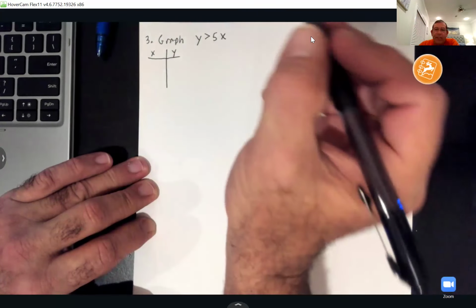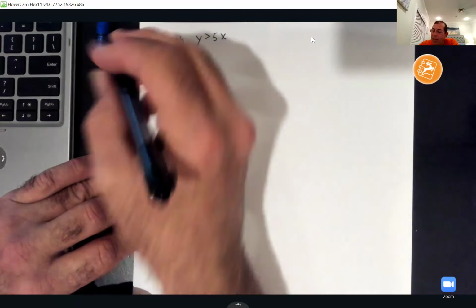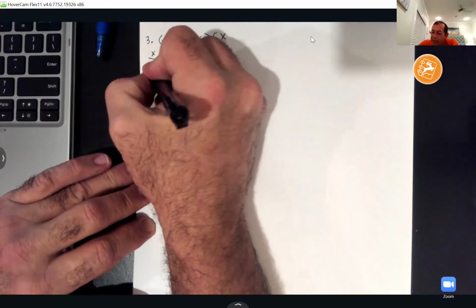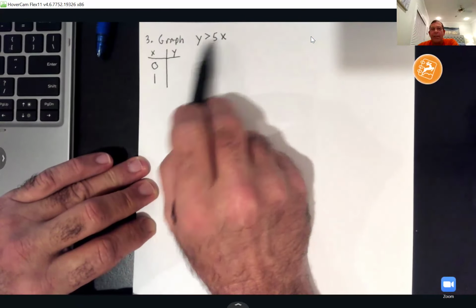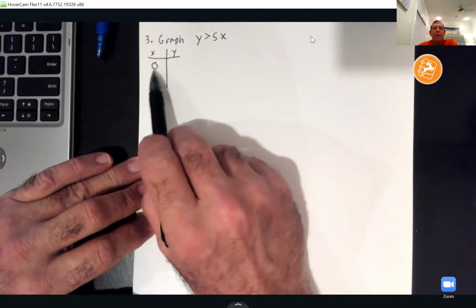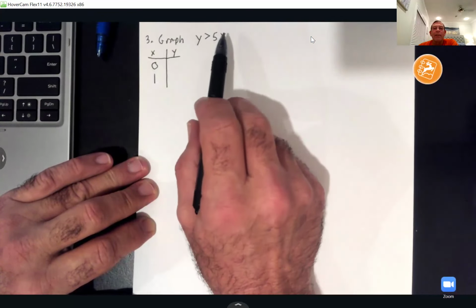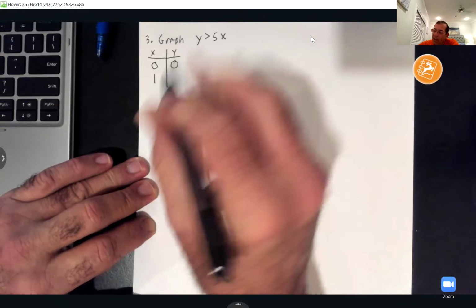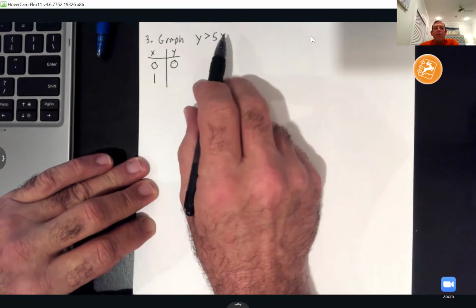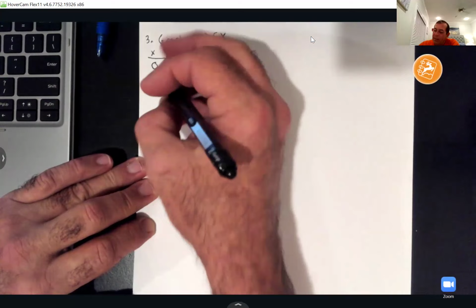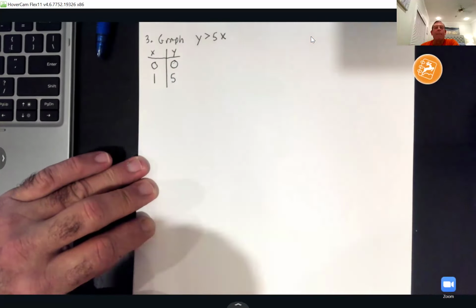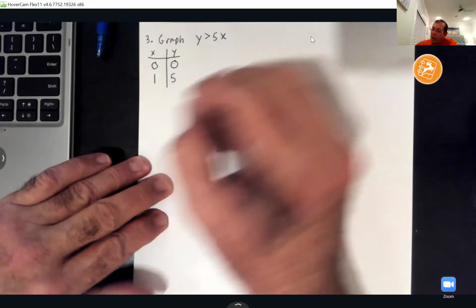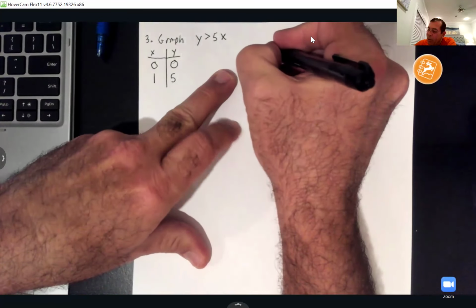So this one, I physically got to pick me a couple numbers for the x's. I'm going to have to plug them in and see what the y value is. So if we plug a 0 in, 0 times 5 is 0. If I plug a 1 in, 1 times 5 is 5. I got 2 points, so let's see what we're going to do.